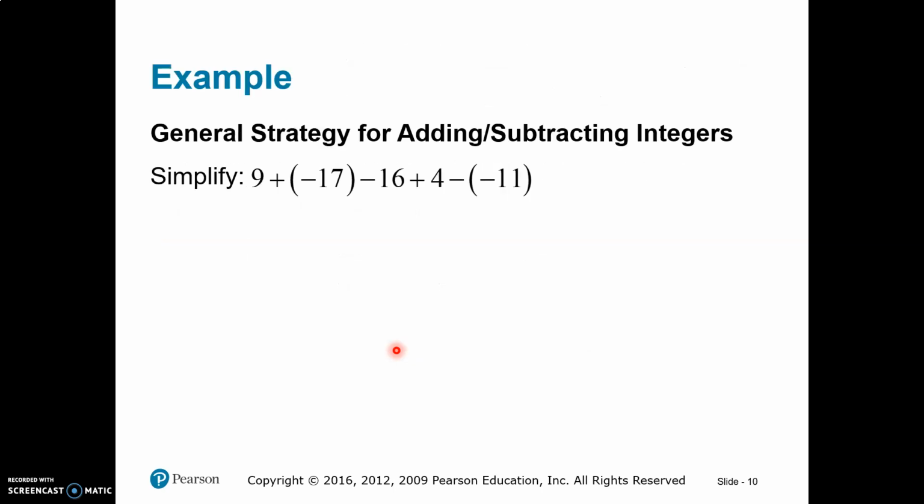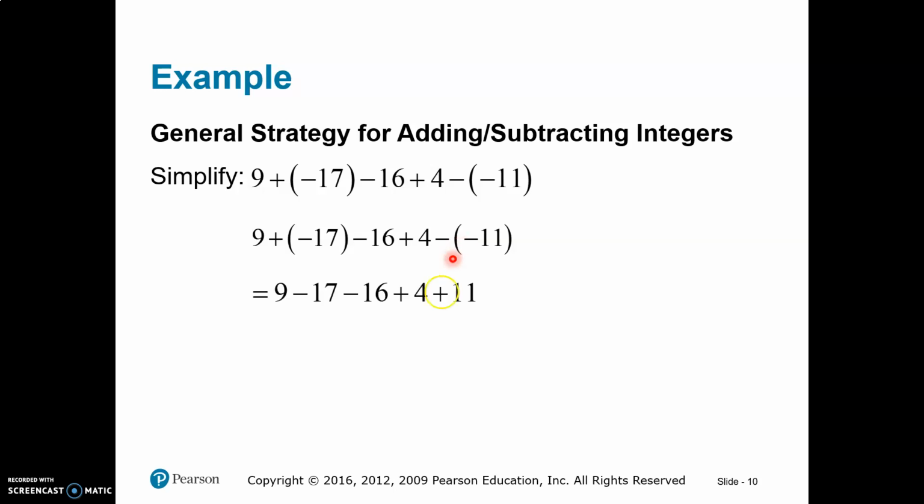So for example, like this example, I have two negatives, so that makes it positive. Now the 4, the 11, and the 9 are positive, so we add 9, 4, and 11, which is 24.